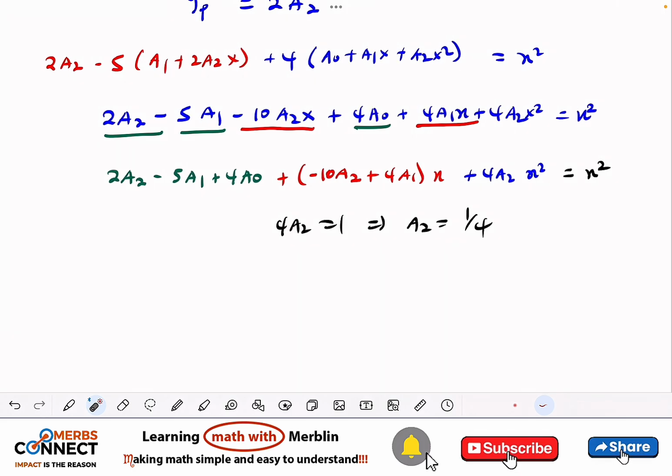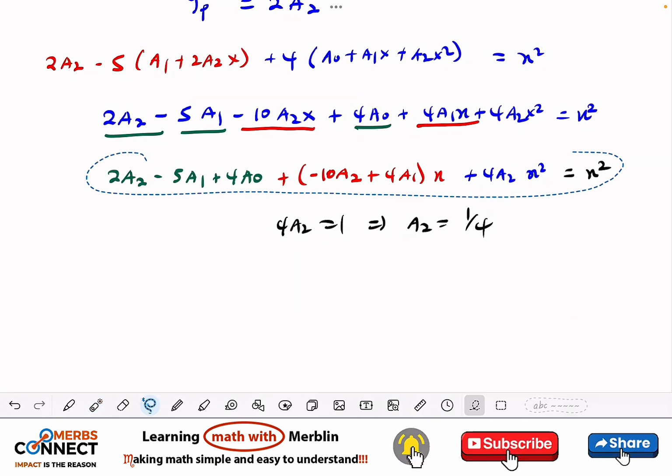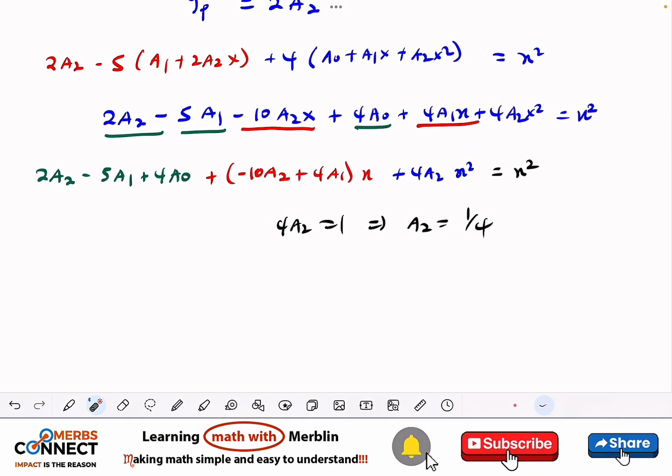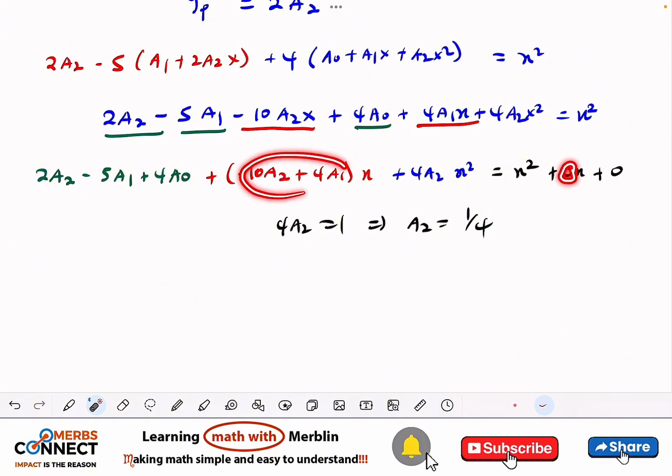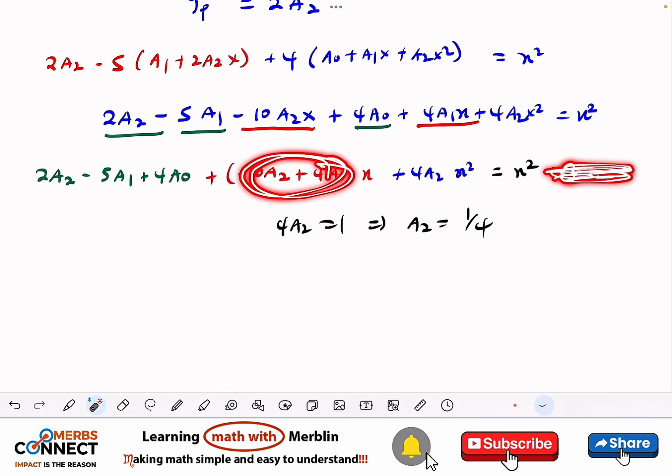Now you ask yourself, do you have a term like x here? No, meaning that it's 0. So this one can be written as plus 0x plus 0. So the term with the x here, the coefficient of this is 0. Anytime I don't have anything here, I pick the term with the x to be 0.